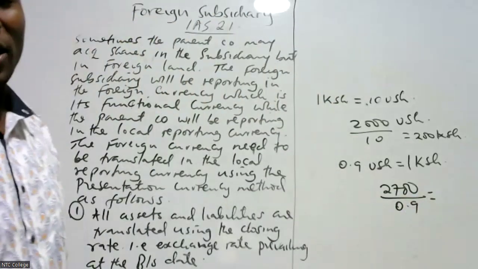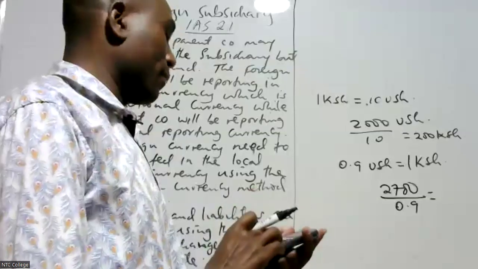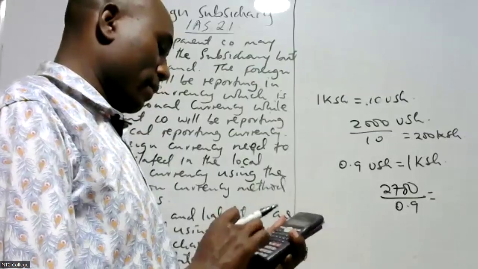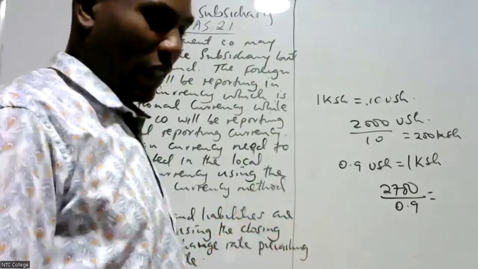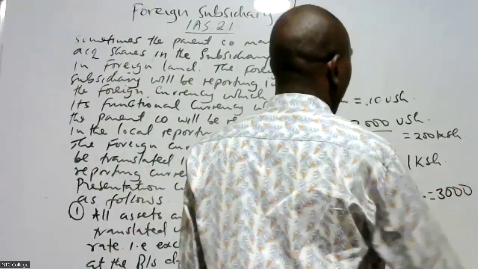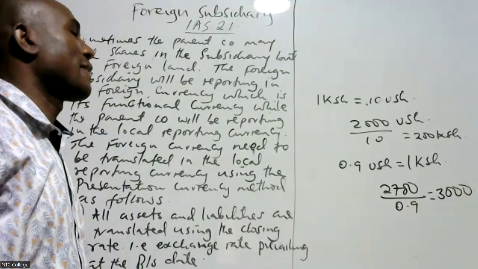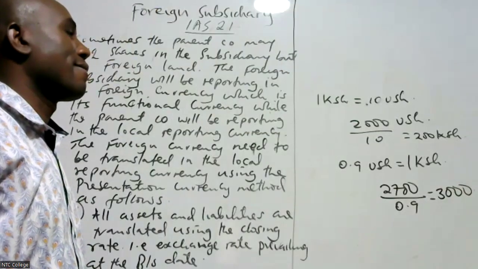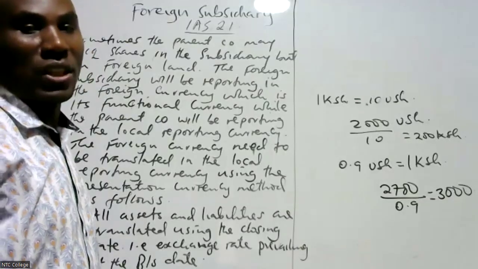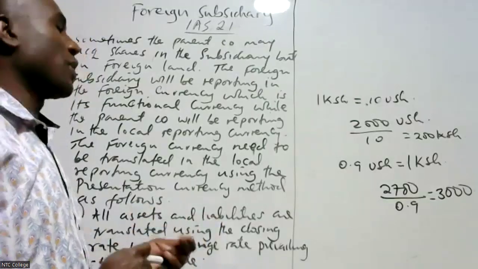How many Kenya shillings do we have? It will be 27 divided by 0.9, which is 3,000 Kenya shillings. That is what we do on translation.